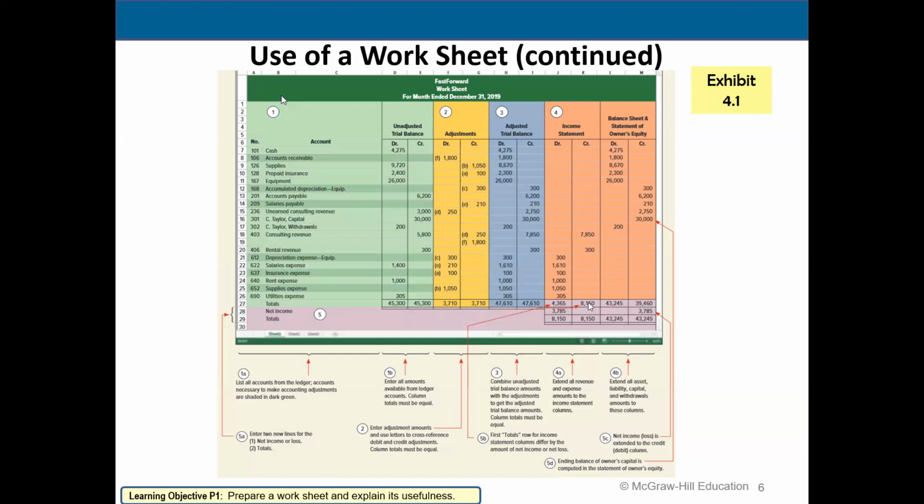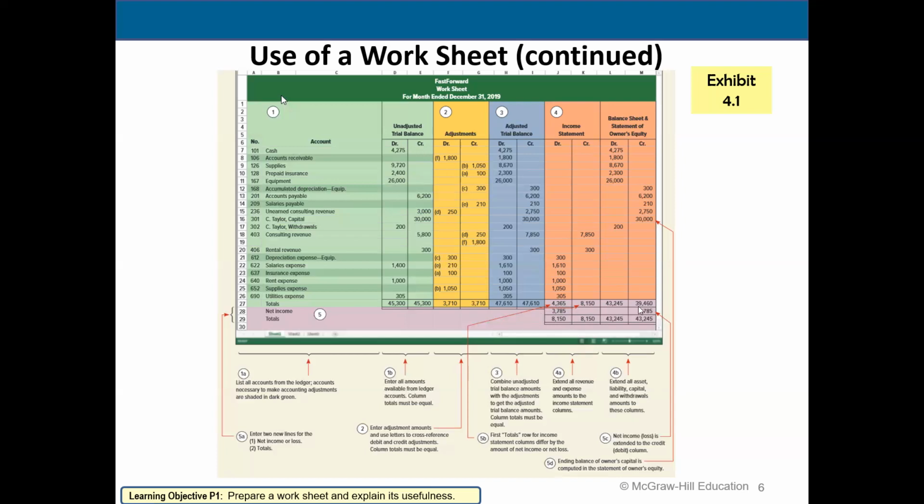And so if we had $8,150 in revenue and $4,365 in expenses, the difference between those two is our net income. So we'll enter that right here and then add those together, and you'll see now that our debits and credits balance.